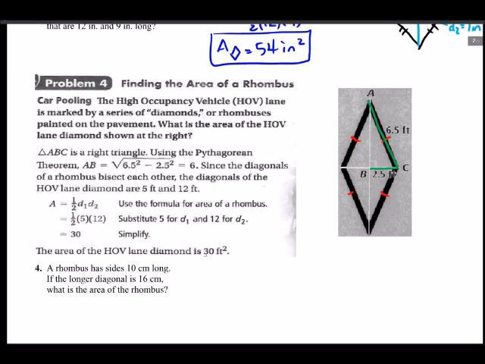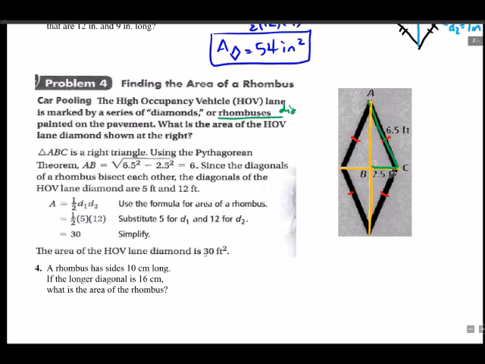Well, if we are interested in the area, we want the lengths of the diagonals. So let's draw in the diagonals here. We want those lengths. Well, we know this length and that length. And what else do we know about rhombuses?